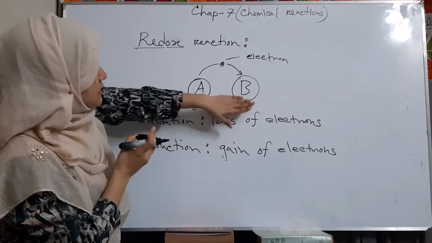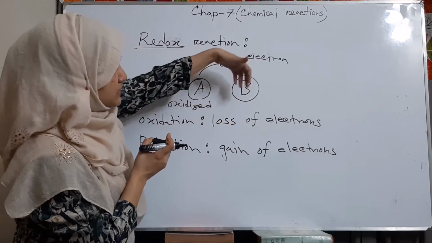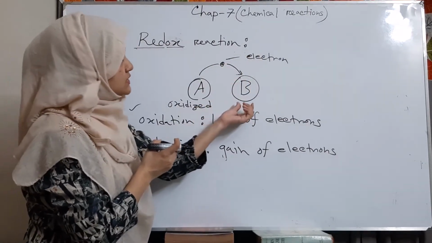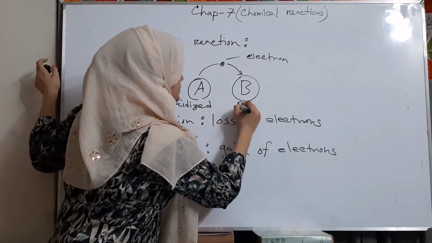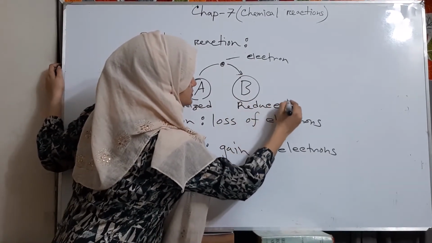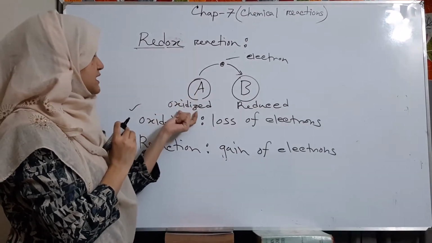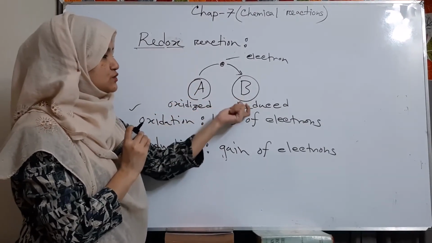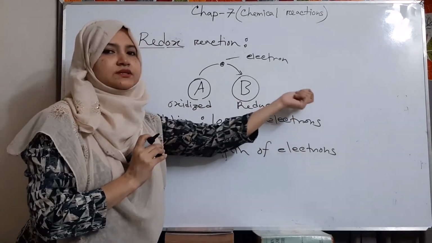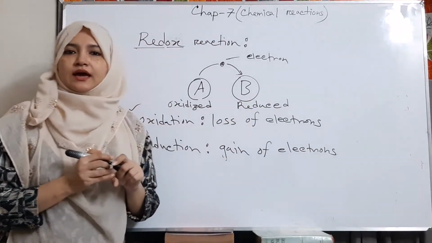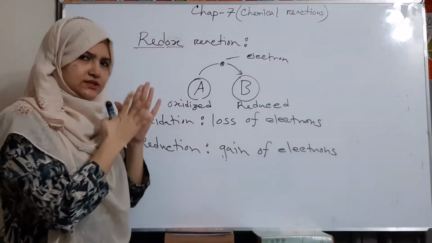And since atom B is undergoing reduction, we can say atom B is being reduced. Atom A is oxidized by losing an electron, and atom B is reduced by gaining an electron. And this is the oxidation-reduction concept.